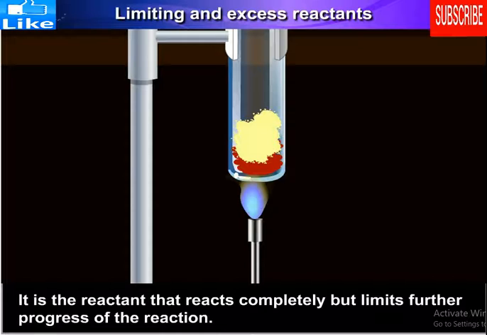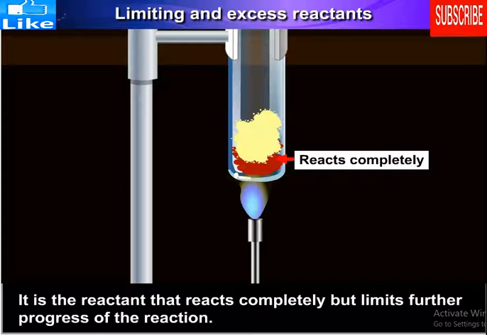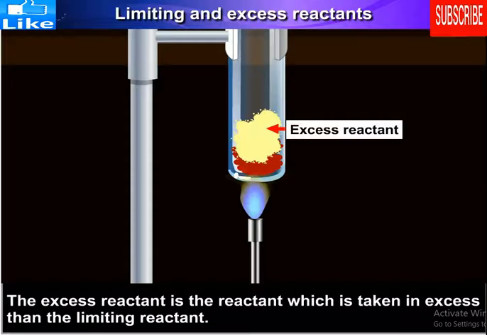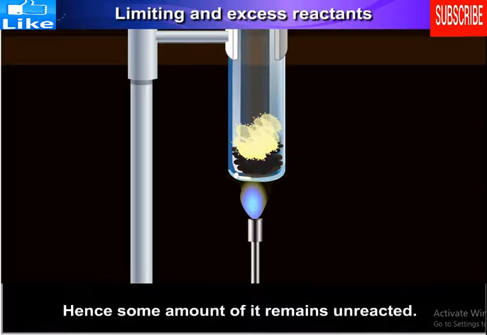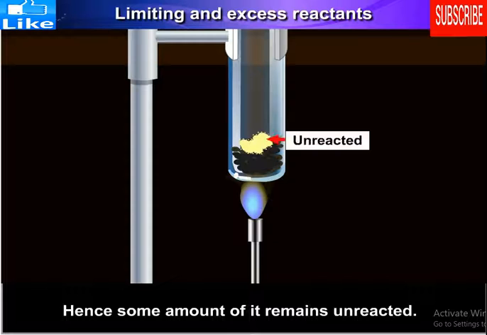It is the reactant that reacts completely, but limits further progress of the reaction. The excess reactant is the reactant which is taken in excess of the limiting reactant. Hence, some amount of it remains unreacted.